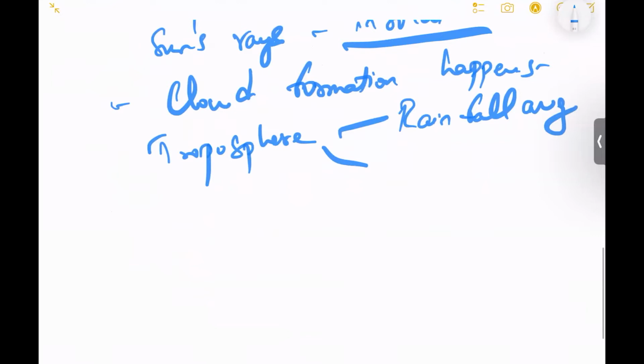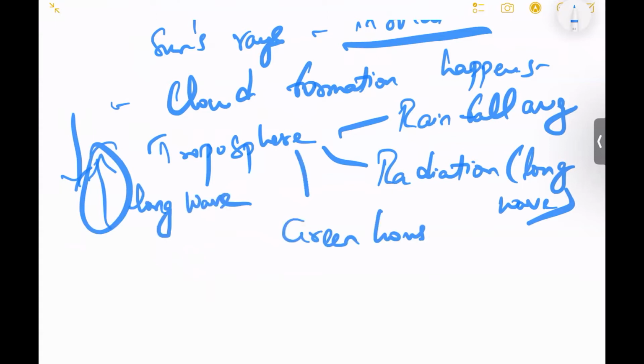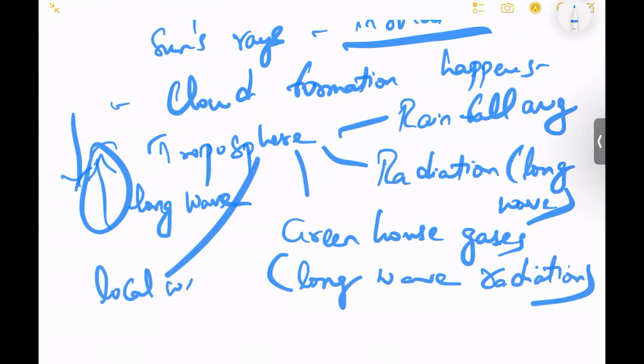Short wave radiation is absorbed by earth. Long wave radiation is reflected back by the earth. So clouds absorb this long wave radiation, and the presence of greenhouse gases also increases the capacity of taking the long wave radiations, and hence it directly influences the local weather, and that is one of the important things.